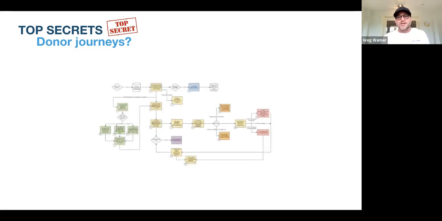But the truth is that you'll get an overzealous marketer who sees this new tool and wants to use all of its amazing characteristics to the fullest, and they'll create these tree limbs and crazy broken out donor journeys, figuring, well, we'll move them to this and then give them that and then move them to this, and they'll click here and click there. And the truth is, I tried it when we first started doing this back in 2008, I think it was, and it didn't work.